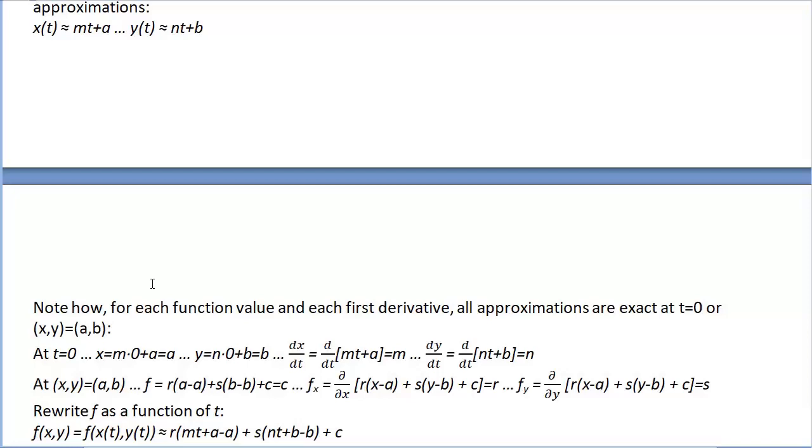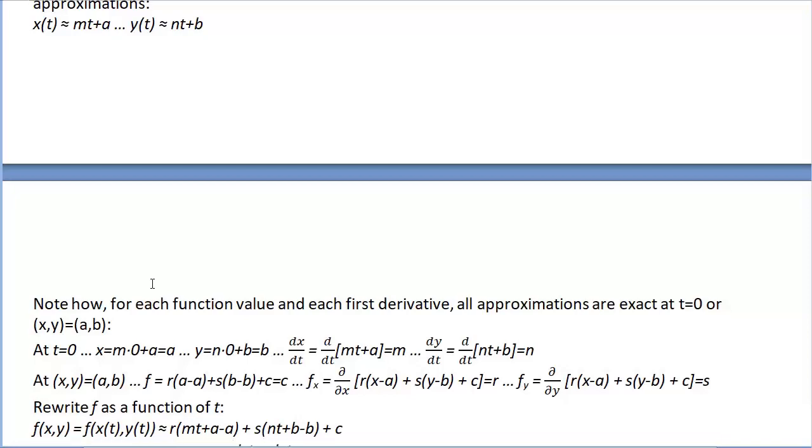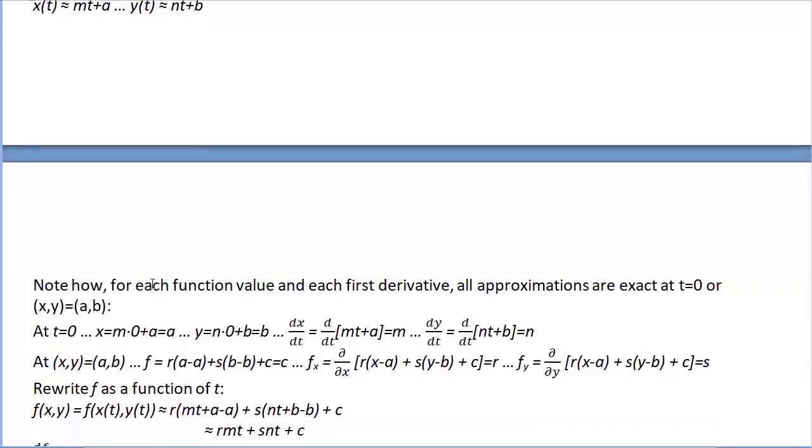It's approximated by r times, and it was x minus a, so now it's mt plus a minus a, plus s times, it was y minus b, so that's now nt plus b minus b, and then plus c. So simplify that, and that simplifies quite a lot. The linear approximation for f in terms of t is rmt plus snt plus c.